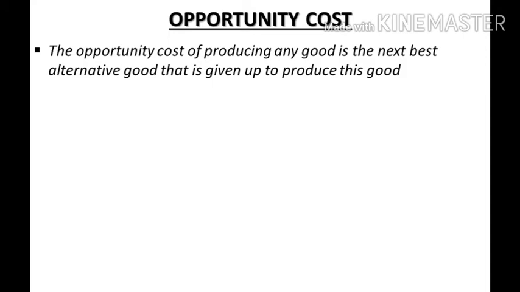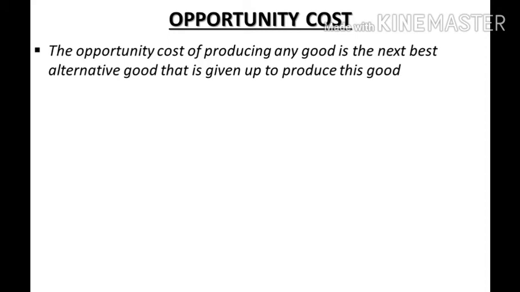Now the cost of producing a quantity of a commodity is measured here in terms of quantity of some other commodity that could have been obtained instead of this commodity. So the opportunity cost arises because of the problem of scarcity of resources and the fact that the resources have alternative uses. We can understand with the help of an example.